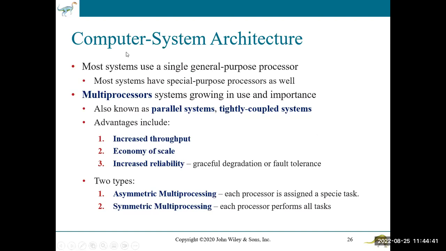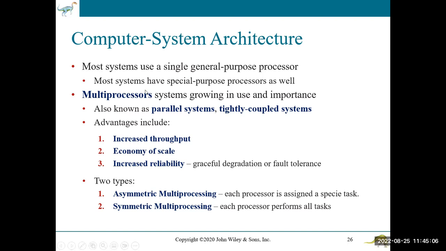So yeah, we're reviewing computer system architecture. You need to be familiar with computer system architecture in order to use operating systems well. And remember that some have multiprocessors. Now, when you have multiprocessors on a motherboard, it's not unlike having multiple cores on a single chip.